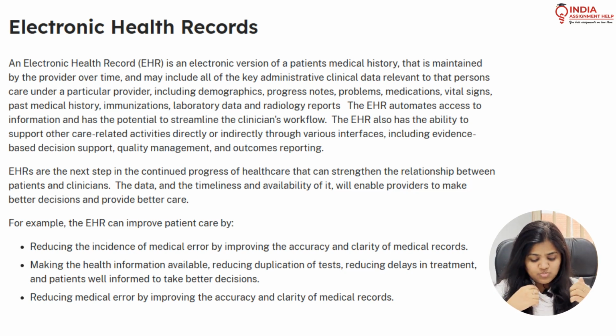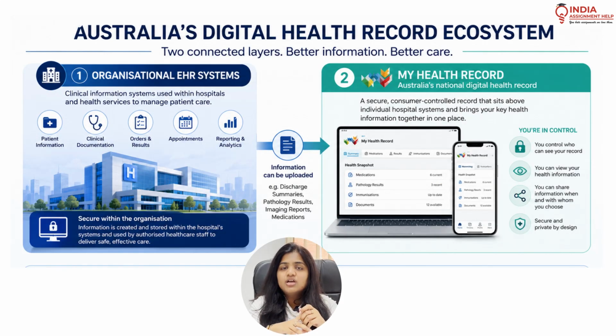In Australia, you'll likely encounter two different but related things. One is the organizational EHR, which is based on software like a Clinical Information System, and the second is My Health Record. This is a national, consumer-based digital platform which pulls in information, like discharge information, if the patient has correctly filled it in and registered for it.